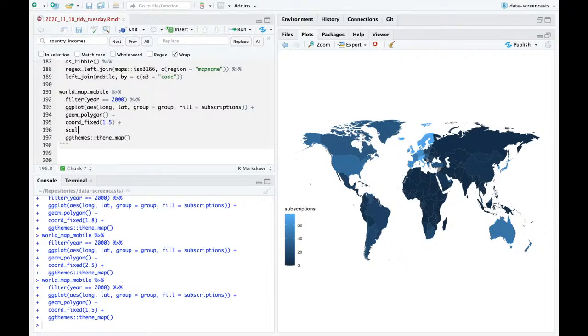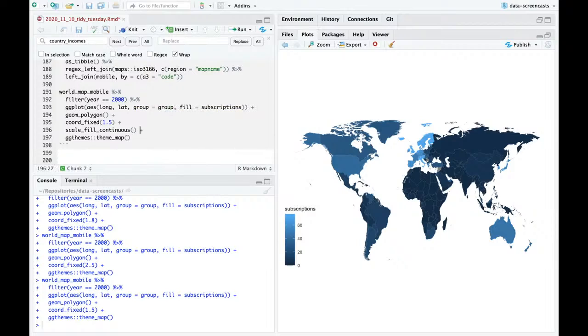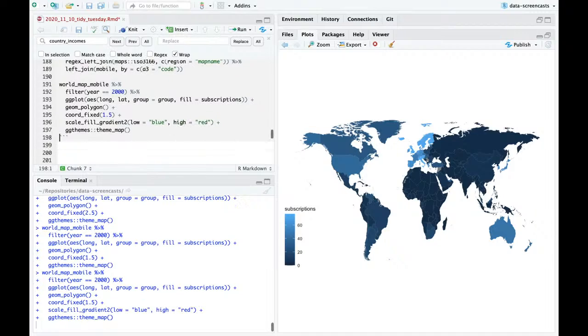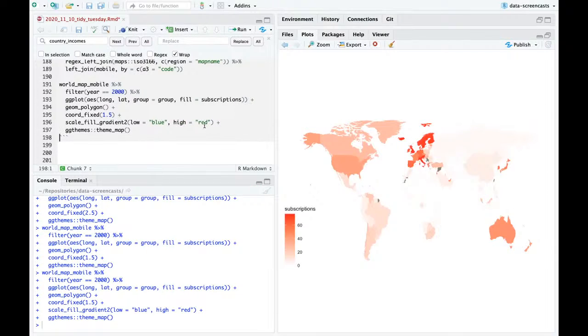I might do a couple other things to mess with this. I might say scale_fill_continuous. Actually, my favorite is scale_fill_gradient2, and do high is red, low is blue, and midpoint is, I don't know, 20.